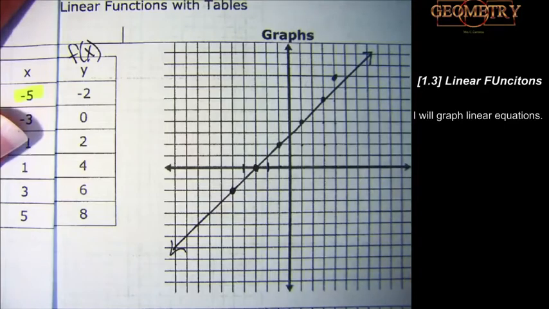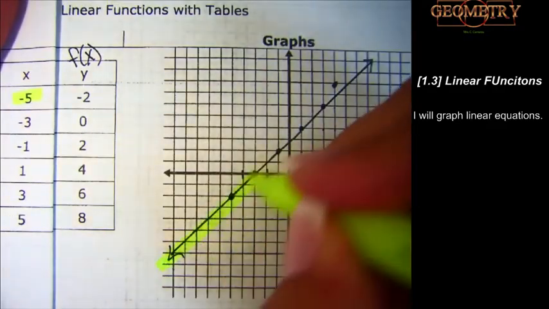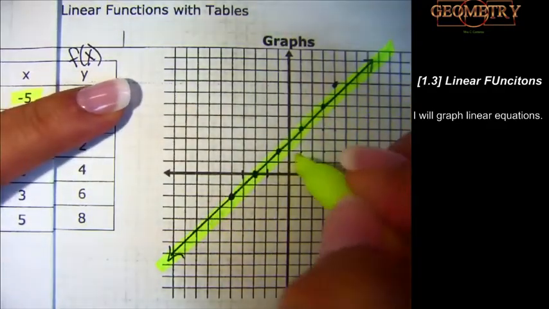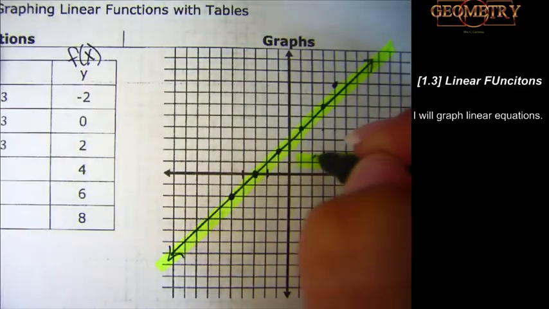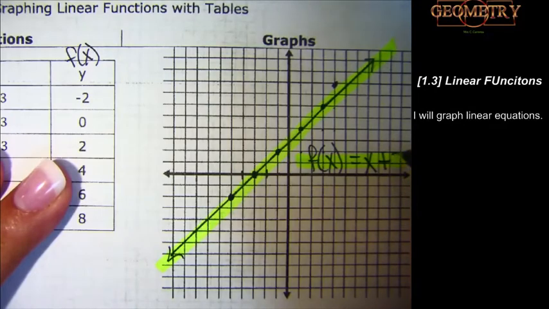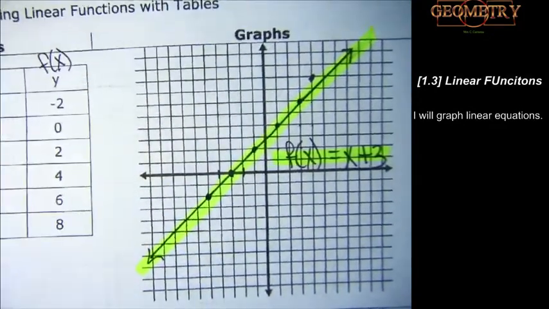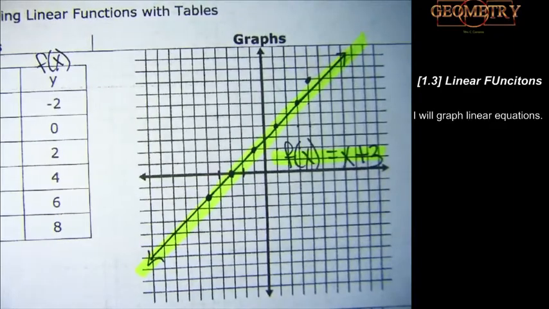We'll just pretend that's in the right spot. I clearly can't count, but here's the graph of the line of this function, and the function rule is f of x equals, take the value of x, add 3 to it, and that should live somewhere on that line. Easy enough?